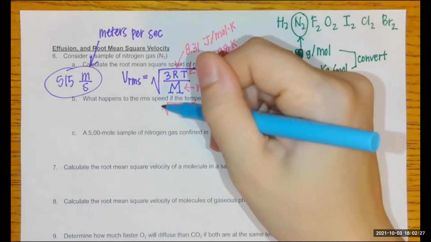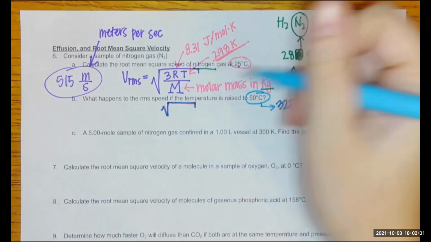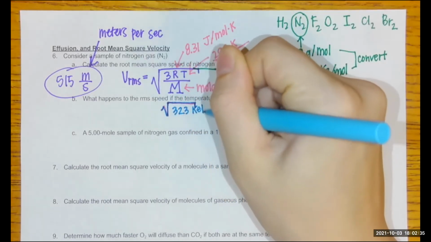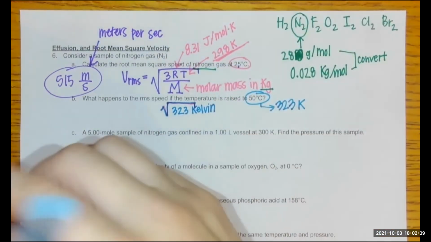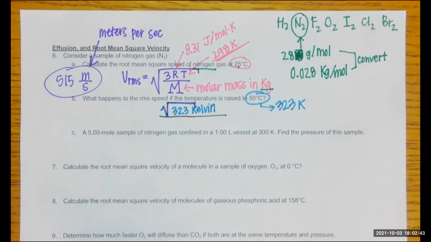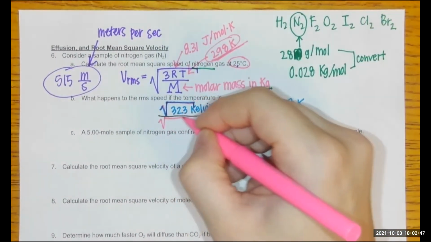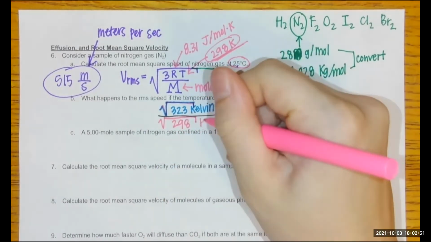So I'm actually going to put that one on top because that one's the faster speed. 323 Kelvin divided by the other one, which was 298 Kelvin. There's nothing special about what I'm doing.